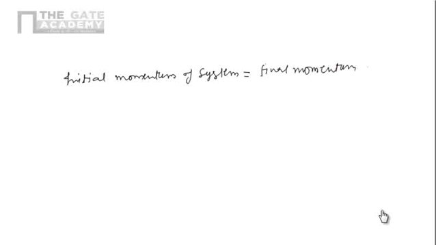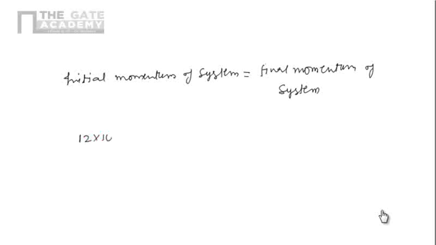Now according to the law of conservation of linear momentum, we can write initial momentum of system equals final momentum of system. The initial momentum of the system is only the initial momentum of the hammer because the initial momentum of the pile is 0.